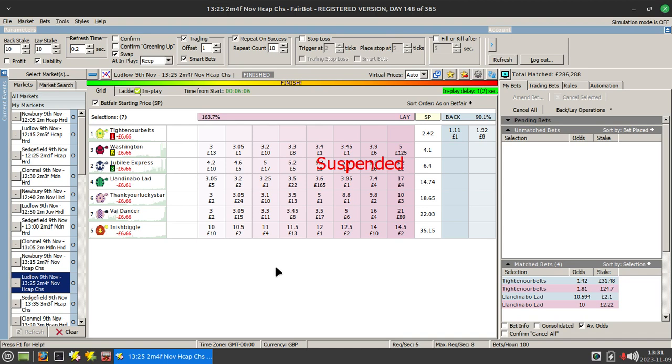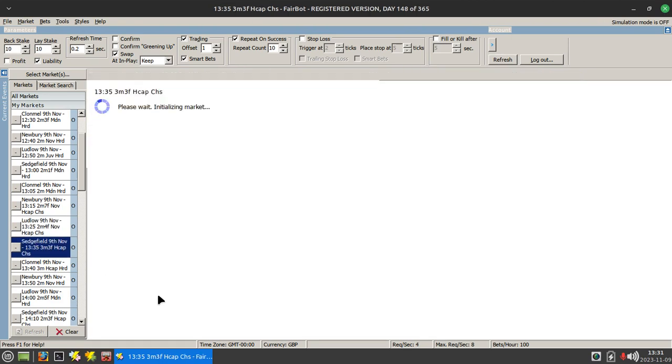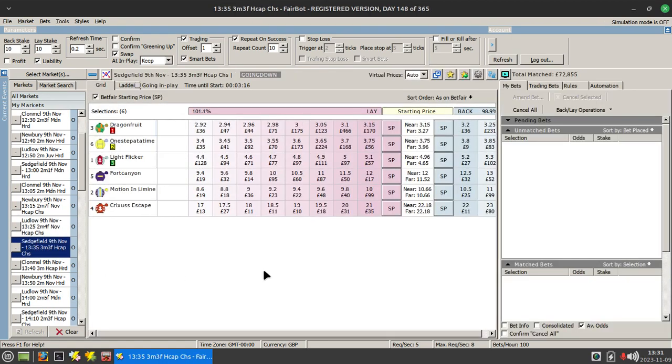Right, there's one other tiny thing I want to show you. For this, what we're going to do is change the lay stake. We're going to split it up into 2, so I'm going to change that to 5, but you can split it up into more.